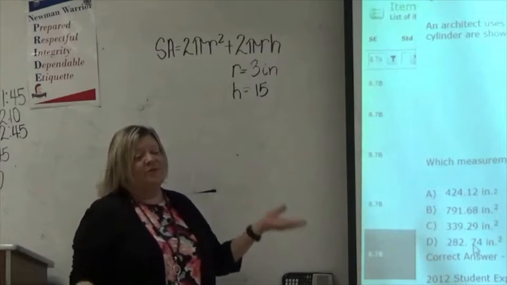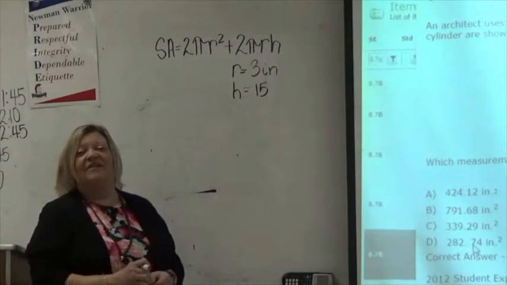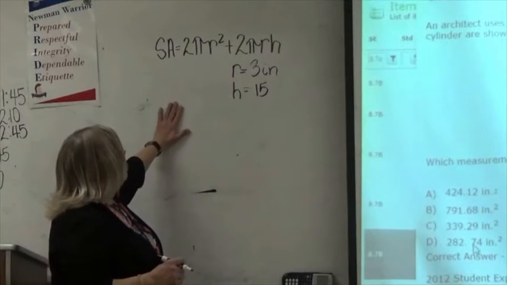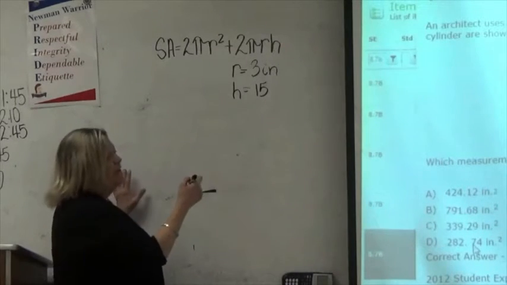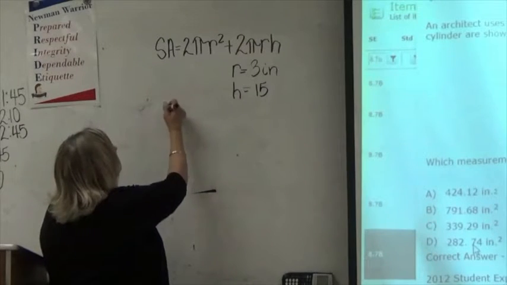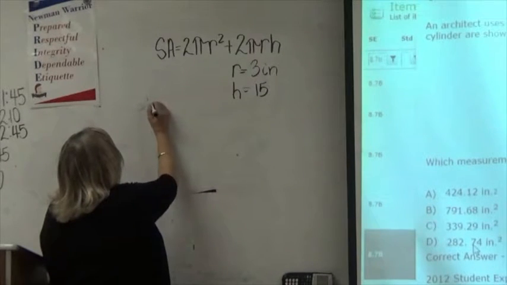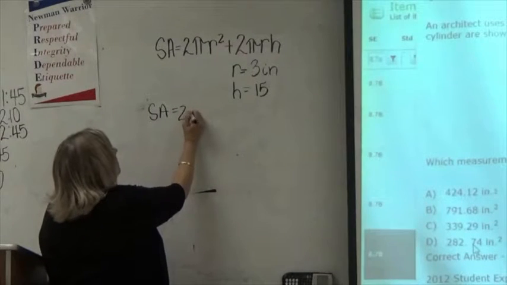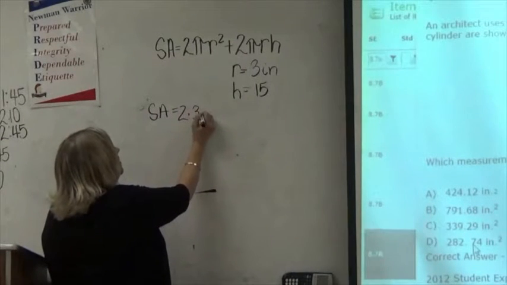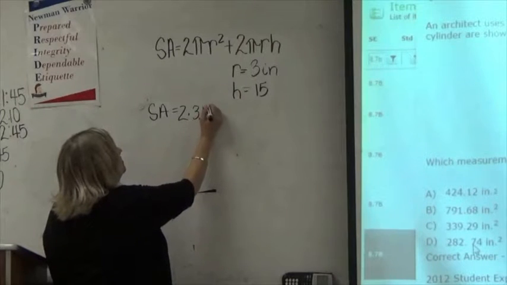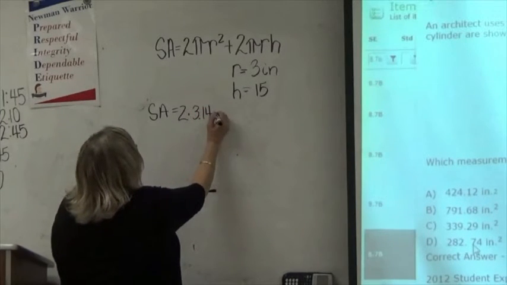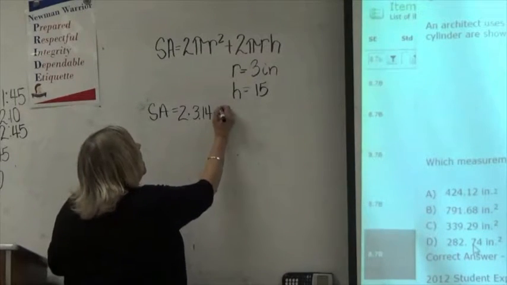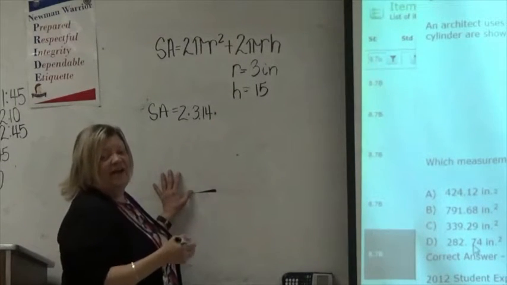Surface area is simple in that all you do is plug the numbers into the formula and solve. I'm going to go step by step. First, I'm going to do the left side. So surface area is equal to 2 times pi, which is approximately 3.14, times our radius of 3 inches squared.